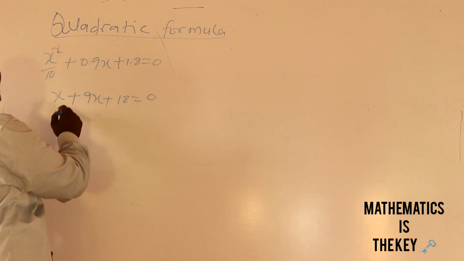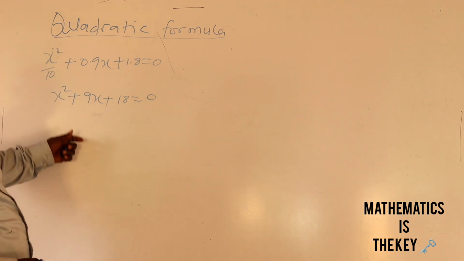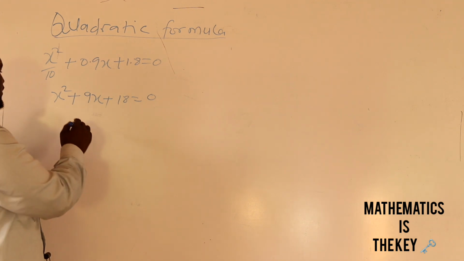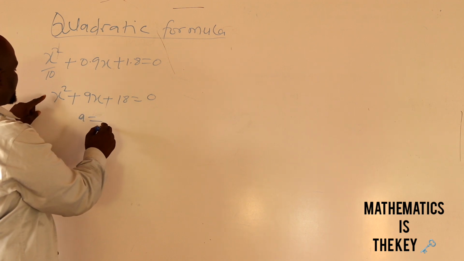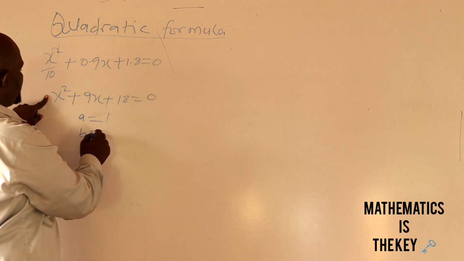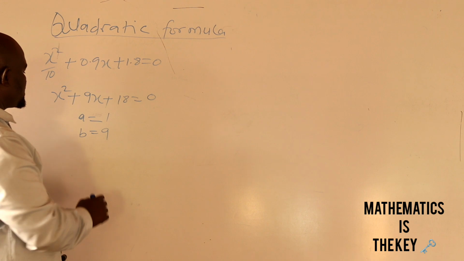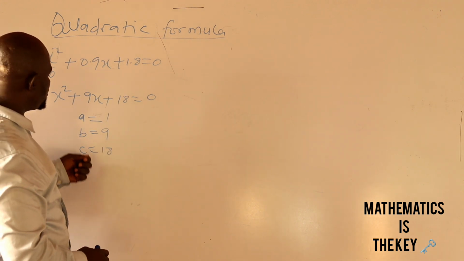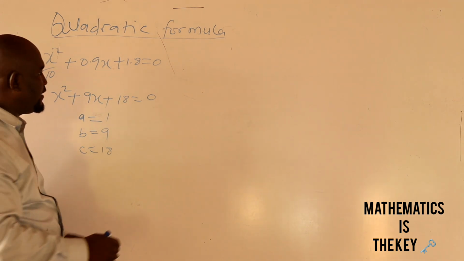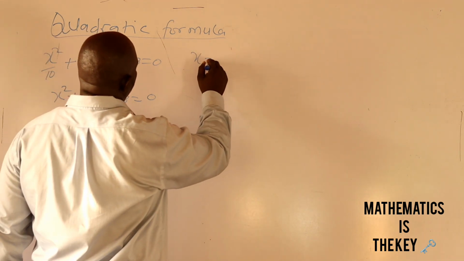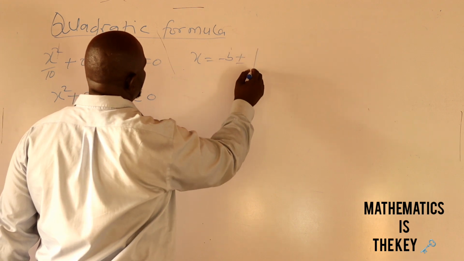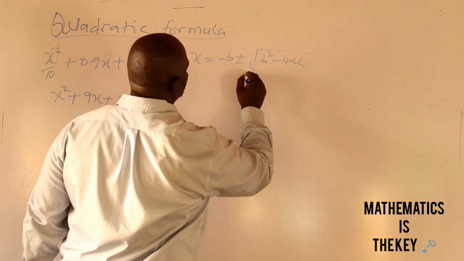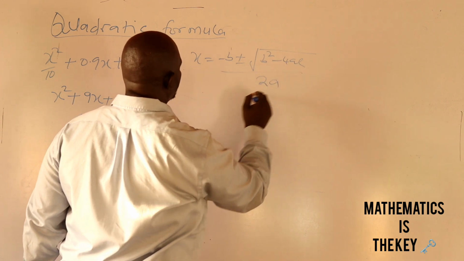We have x squared here, I think. So, comparing this equation with the general form of quadratic equation, we will have our a, the coefficient of x squared, is 1. b, the coefficient of x, is 9. c, the constant term, is 18. So substituting these values into the formula, and recall that the formula is minus b plus or minus square root of b squared minus 4ac all over 2a.